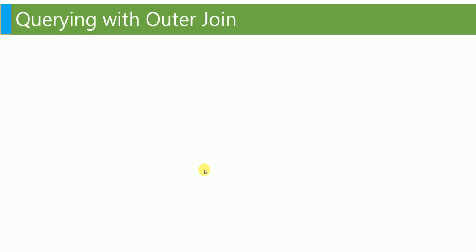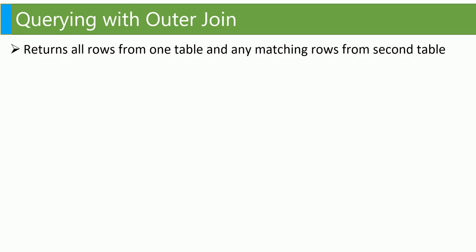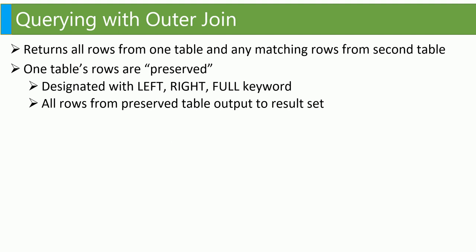Now, querying with the outer join returns all rows from one table and any matching rows from the second table. One table's rows are preserved, designated with the LEFT, RIGHT, or FULL keyword. So the outer join works as a left outer join, right outer join, and full join.